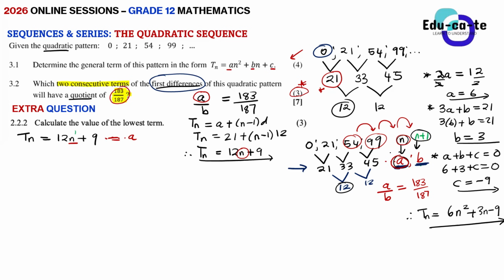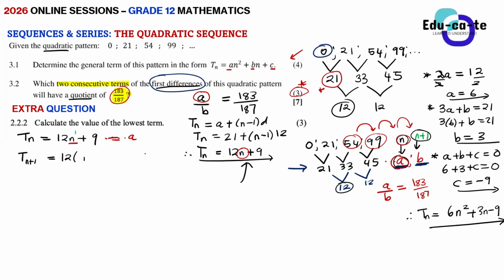So in this general formula, where there is n, I'm going to put n plus 1. So if I find Tn plus 1, which is the position of B, this is going to be 12 into n plus 1, plus 9. So this actually gives me the value of what? The value of B.